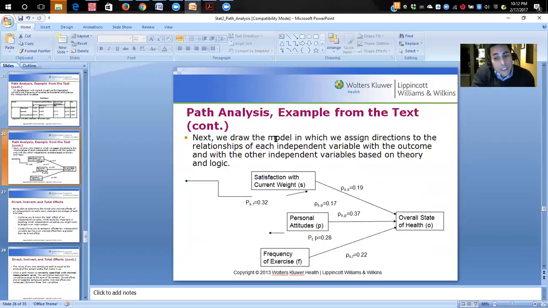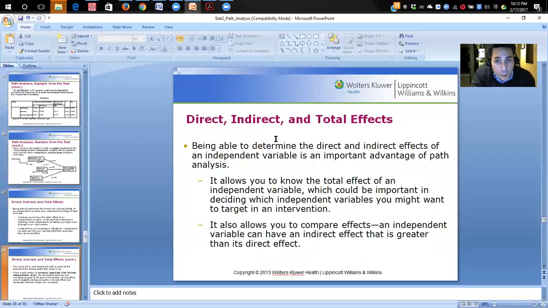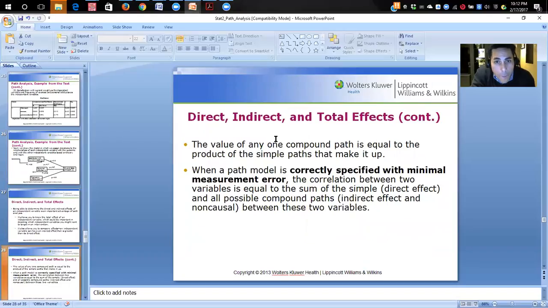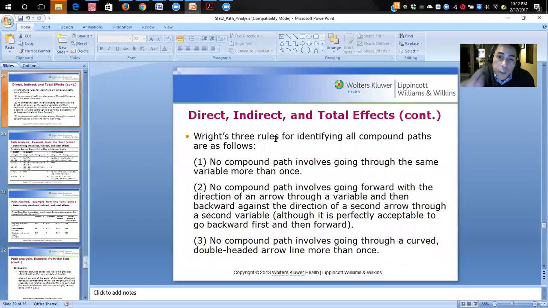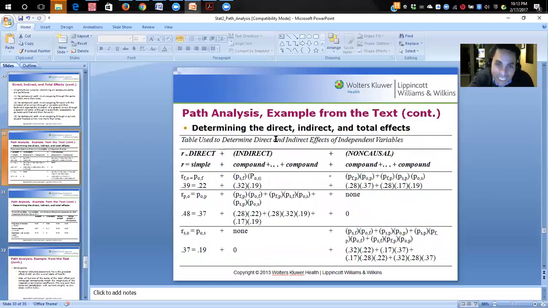So it has a very specific logic, and I will show you here, because I think I've already beaten this concept of direct and indirect and total effect to death. So I just wanted to show you now the amazing mathematical logic behind path analysis.